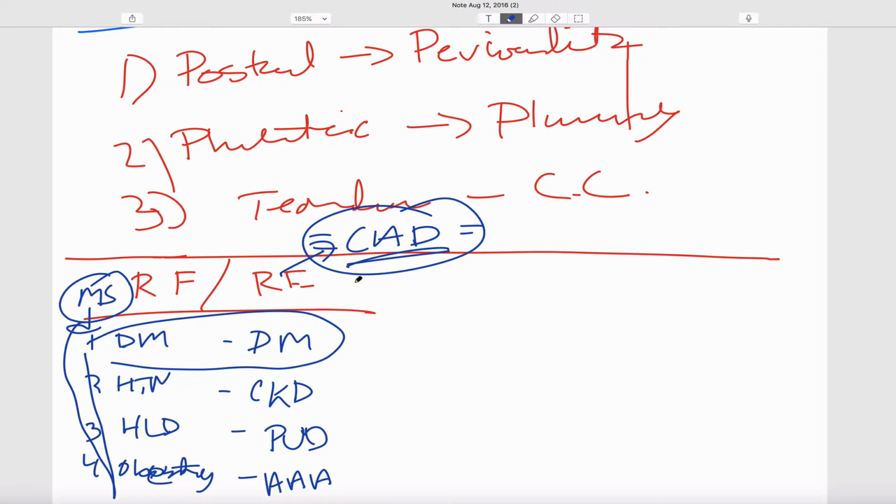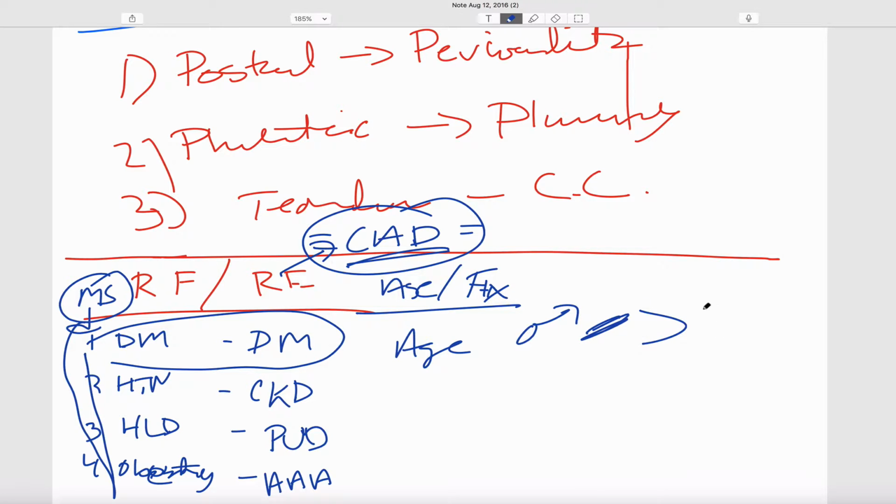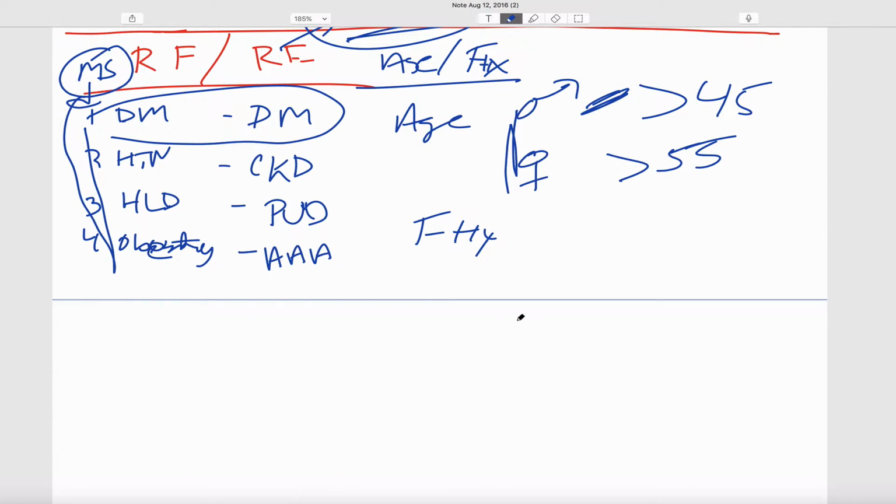The last thing that we have over here in risk factors, risk equivalents, is just age and family history. So for age, if you're a male and greater than 45, it gives you a risk factor. Or if you're a female and you're greater than 55, it gives you a risk factor. And for your family history, remember we're looking for premature coronary artery disease in this scenario, or early heart disease.